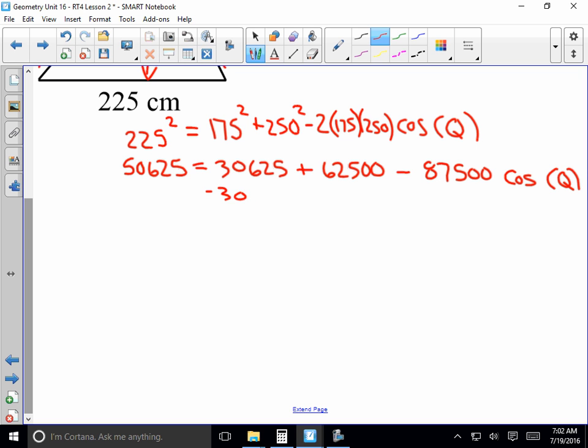I want to subtract 30,625 from both sides. I want to subtract 62,500 from both sides.